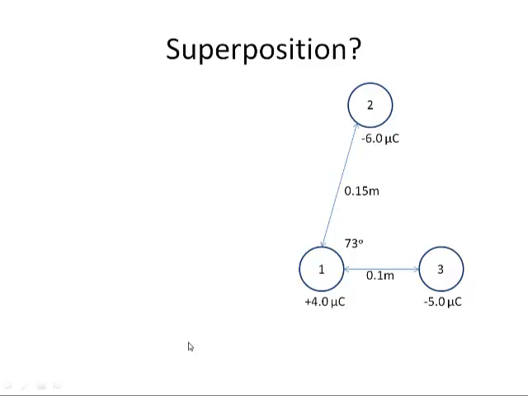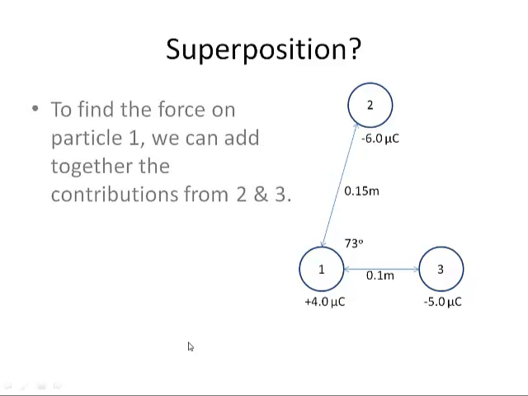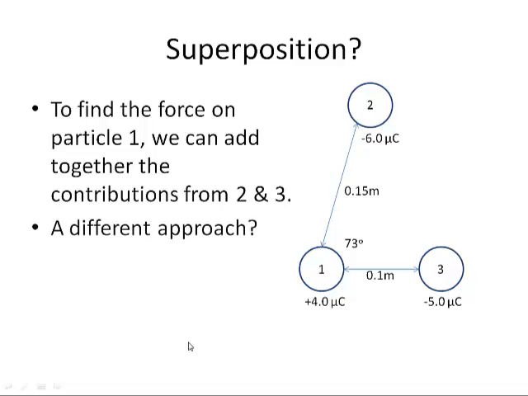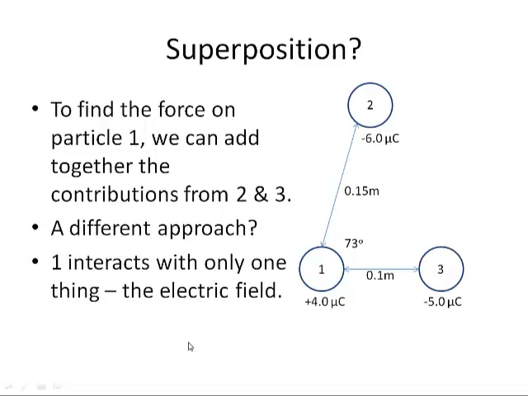So going back to the second problem we had done, in order to find the force on particle 1, we could actually add together the contributions from 2 and 3 like we did in the second problem. But a different approach to that would be to find the electric field at the location where particle 1 is, and then say that particle 1 actually interacts with only one thing, which is the electric field.